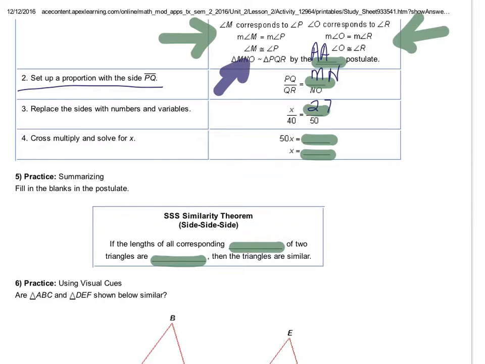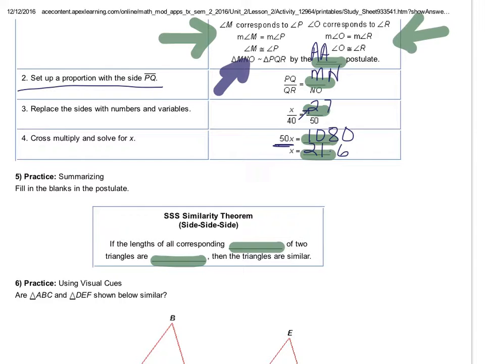And with a proportion, all you do is cross multiply and then divide. So we multiply x times 50, and that's how they got 50x. And then we multiply 40 times 27, and you get 1080. And the last step is to divide. So you get 21.6.